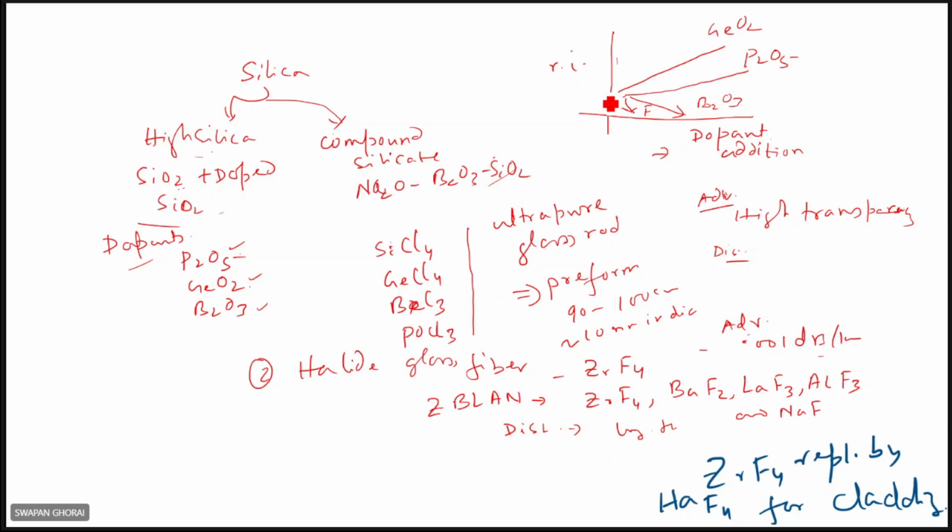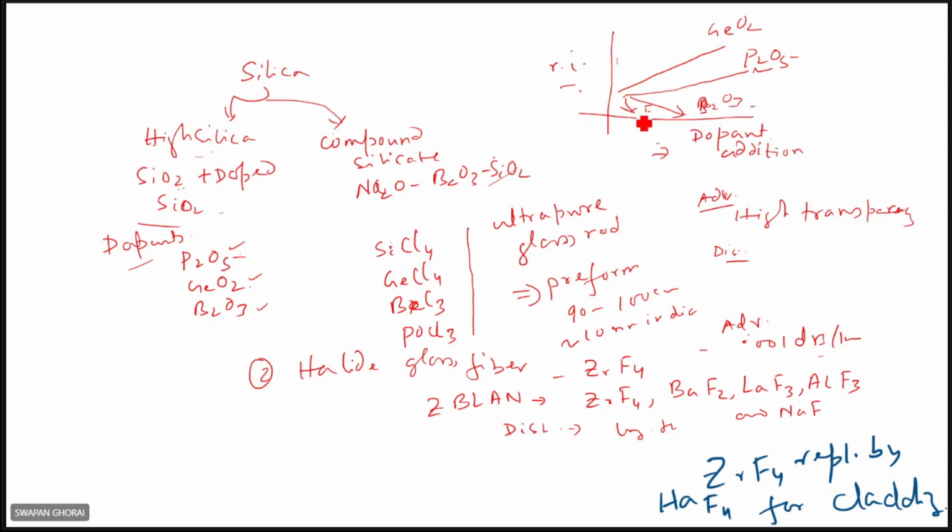You see the graph on the right-hand side. Here you see refractive index versus the dopant additions. Germanium oxide increases the refractive index. Phosphorus pentoxide also increases the refractive index, but boron oxide, B2O3, decreases the refractive index.